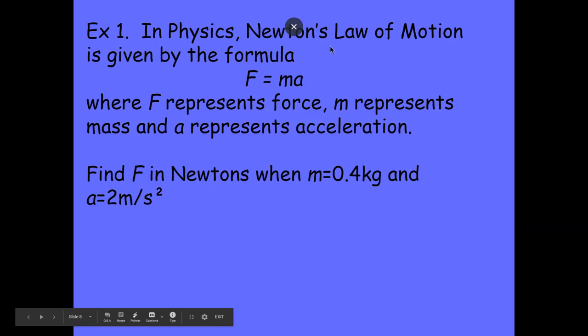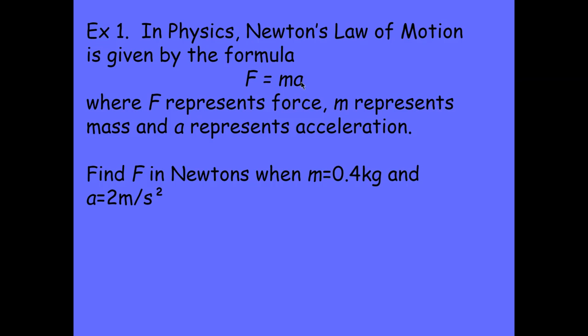So in physics, we've got this law of motion formula, which was Isaac Newton's formula, and it's given by the formula F equals ma. So F equals m times a. F stands for the force, m stands for mass, and a stands for acceleration.